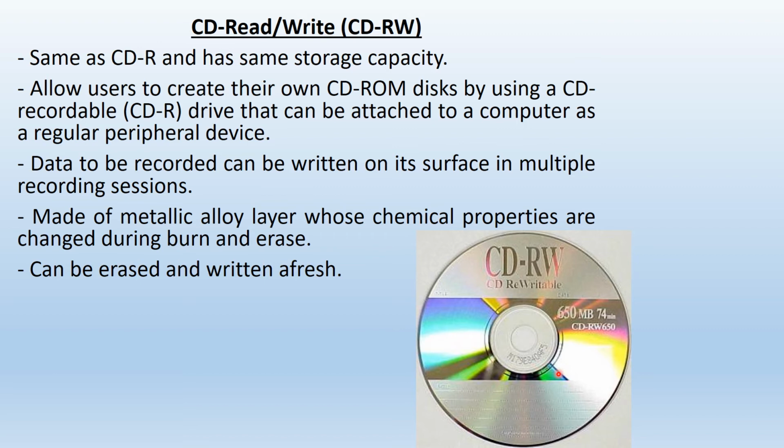Data to be recorded can be written on the surface in multiple recording sessions. What that means, for example, let's say you have a CD-RW, and this one already contains an album of songs. Let's say you have some music over here, and eventually you get tired of this CD and you say, I want a new CD, I want new music.